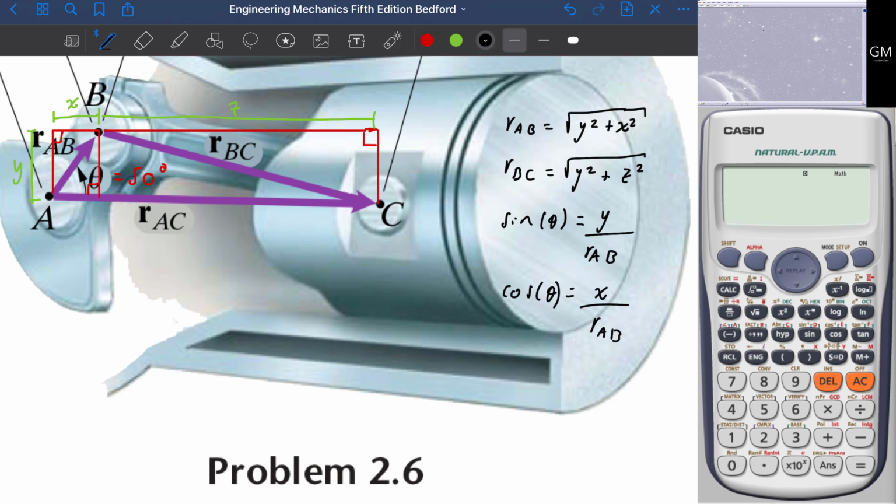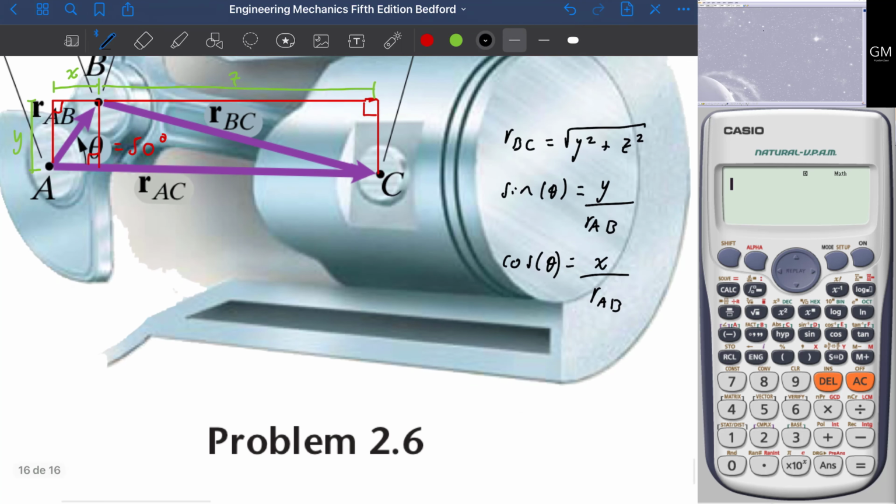Okay, so that means that I do not need this equation, because I have this one, and this one, and RAC, I'm sorry, the one that I require is equal to c plus x.